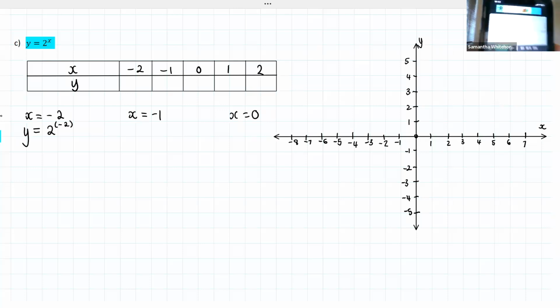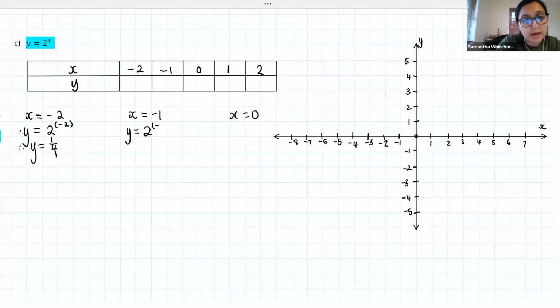Okay, so 2 to the power -2 gives me an answer of 1/4. It goes back to our exponent laws that we spoke about, in term 1 or term 2, but literally if you just type that into your calculator, you will get your answer. So this is equal to 1/4. If we do the same thing with -1, so y is equal to 2 to the power -1, on your calculator you get 1/2. For 0, y is equal to 2 to the power 0. Go back to exponent laws: anything to the power of 0 is 1.